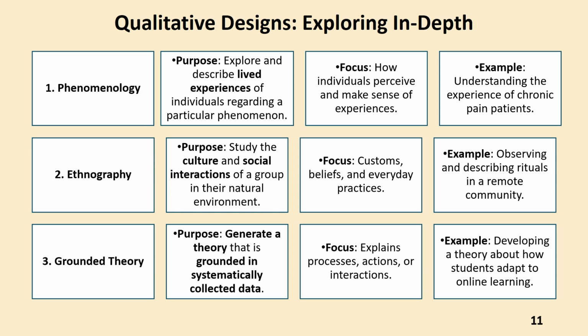Third is grounded theory. What is the purpose of grounded theory? Generate a theory that is grounded in systematically collected data. Focus: explains processes, actions or interactions. Example: developing a theory about how students adapt to online learning.